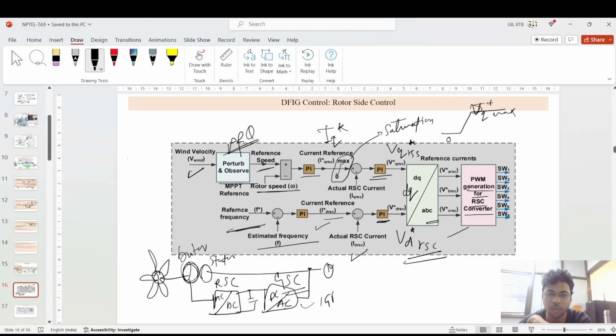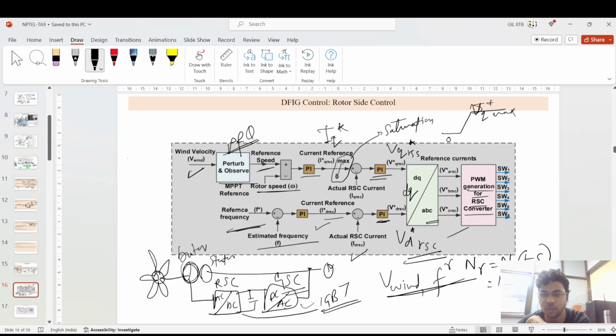This bidirectional converter, DC to AC or AC to DC, needs certain PWM pulses for the operation of the switches, which are generated through the control of the wind velocity and the frequency, okay, because NR is equal to NS (1 minus S).